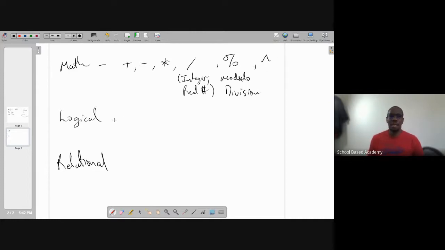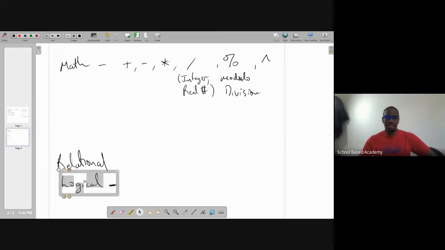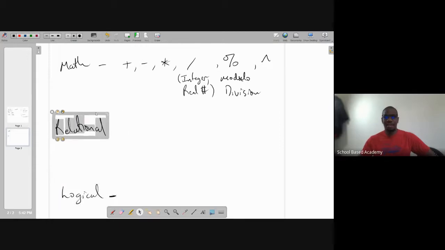Right? For our logical operators, our logical operators include 3 things. And I always like to put them in the order that they'll be executed rather than having them listed like this. So maybe we could talk about the relational operators first. The relational operators are what?